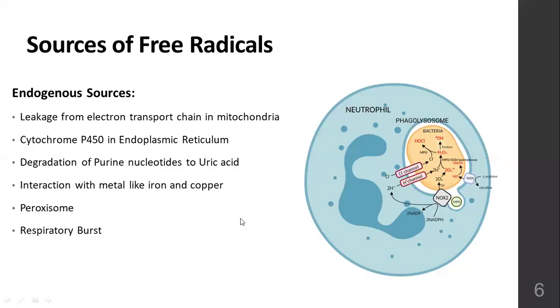It is kind of an apoptosis, cell suicide. In that also free radicals are formed. Cell suicide can take place because of various reasons. If the cell is becoming cancerous, or if the cell is getting some infection, it can undergo apoptosis to prevent the spread of infection or to prevent the spread of cancer.